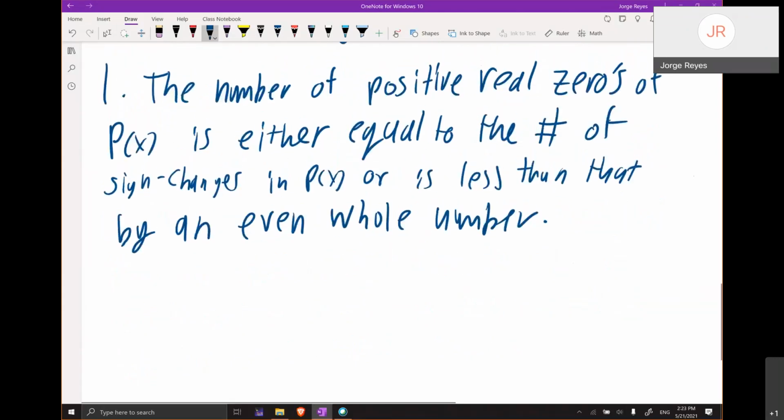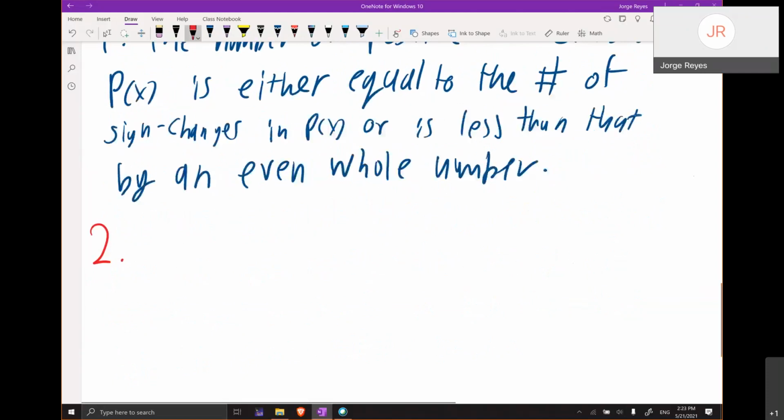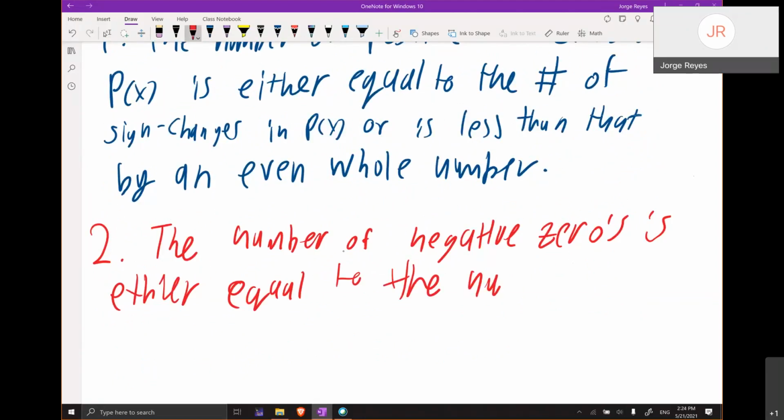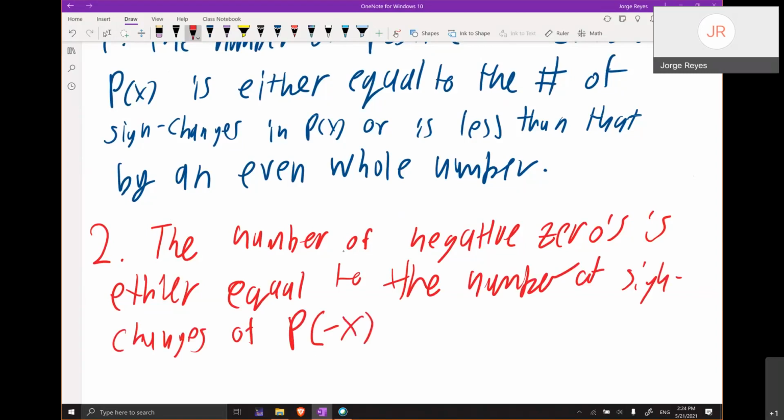So you can read the notes on this too, maybe the typed notes. But that's rule number 1, which you need to unpack, right? Rule number 2, okay, is very similar though. So the number of negative zeros is either equal to the number of sign changes of p of, and then here's a big deal, p of negative x.